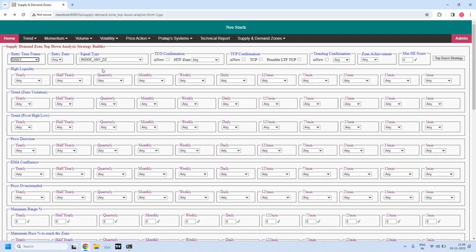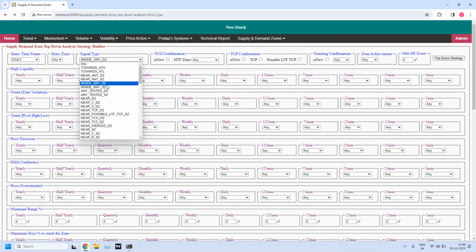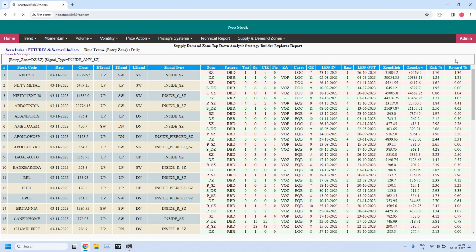Let's go back. Entry time frame daily. Let us find the stocks which are near to the daily supply zone. So this is the filtered list. A good number of stocks are closed inside the daily supply zone, even Nifty 100, Nifty Metal, Nifty Next 50.